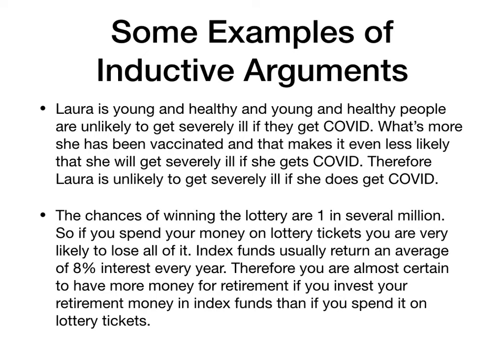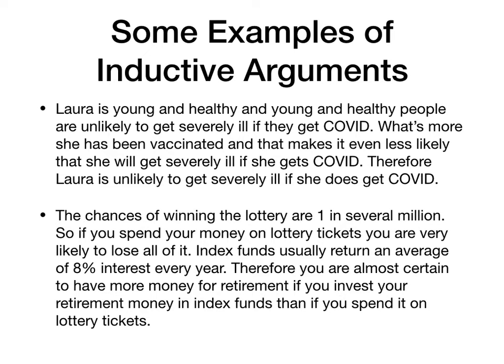Look, if these premises are true, and Laura doesn't exist, I just made her up, but let's assume she does. She is young and healthy, and she has had a shot. Both of those make her really unlikely to get severely ill if she gets COVID, but it's still possible, right?